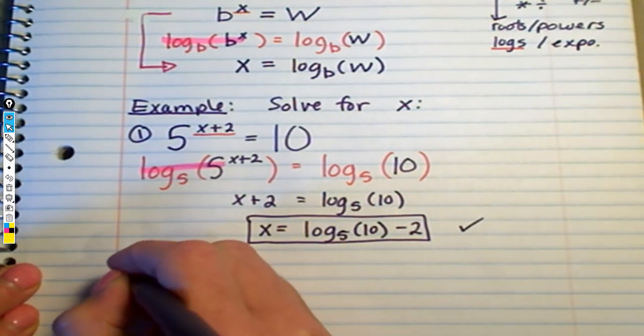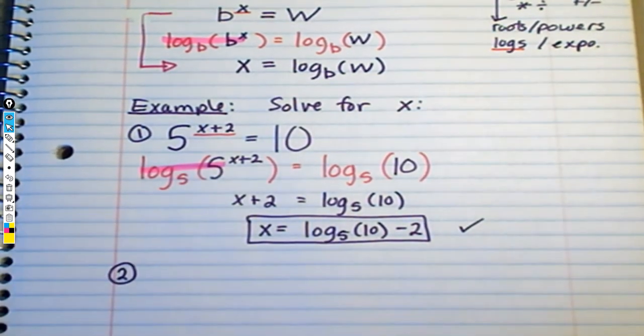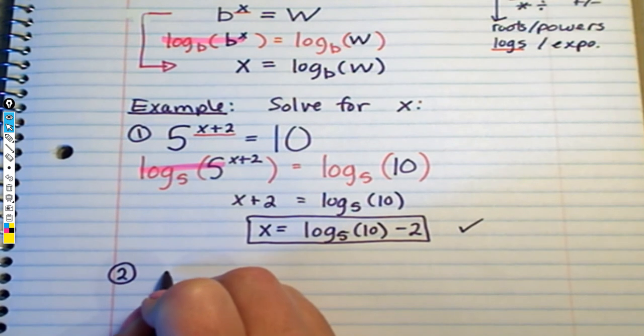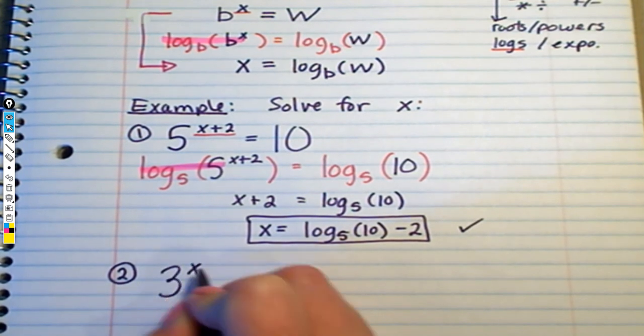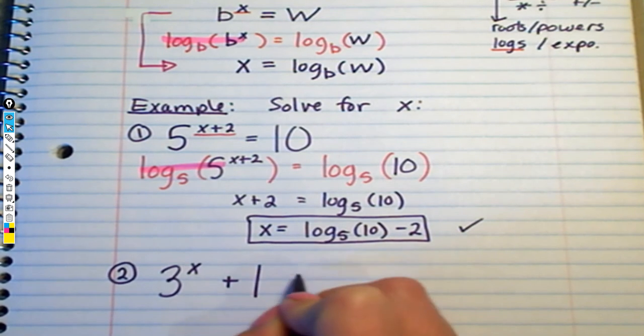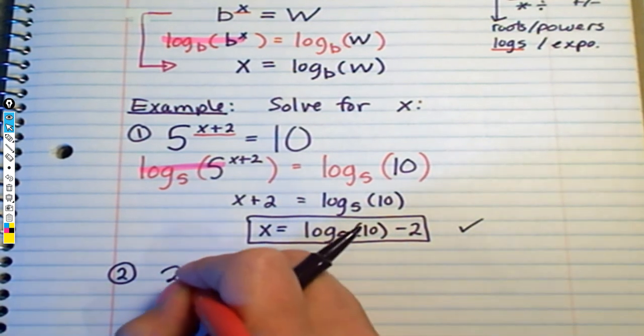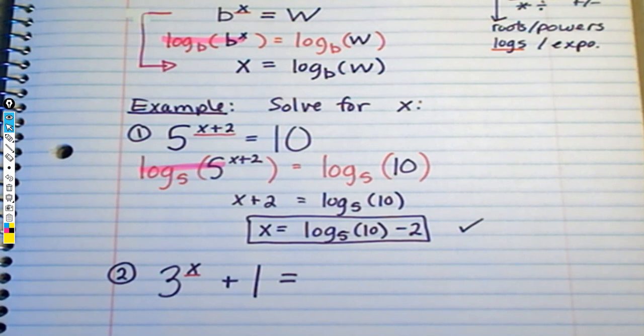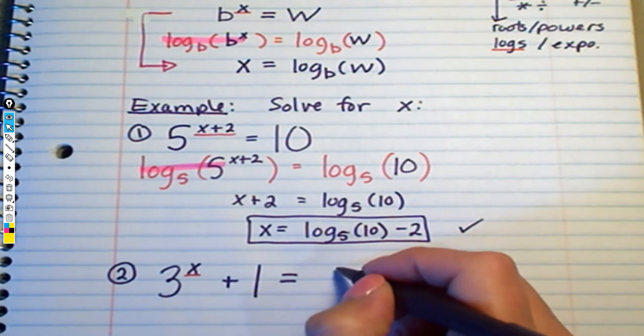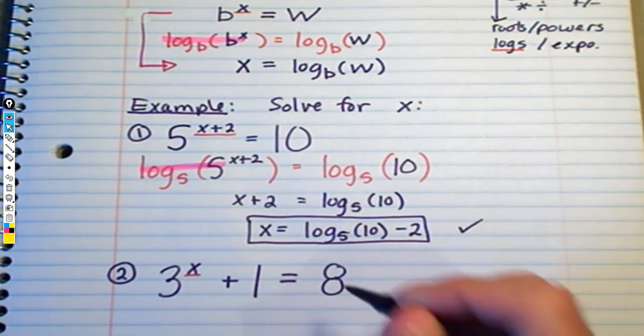Okay. So let's look at question number 2. All right. Let's say we have 3 to the x plus 1 equals, notice I'm making my numbers double sized so that we can see the exponent, equals 8.